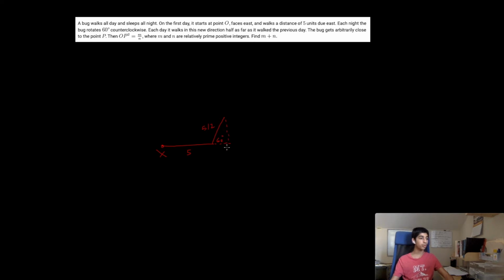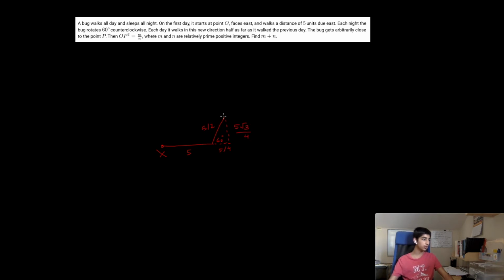And using the properties of a 30, 60, 90 triangle, since the hypotenuse is 5 over 2, we know that the side opposite the 30 degree angle would be 5 over 4. And then over here would be root 3 times this side, which is 5 root 3 over 4.